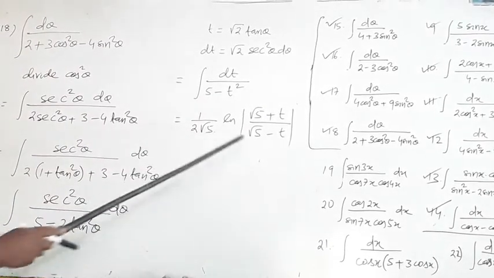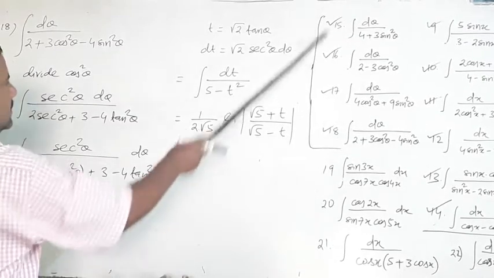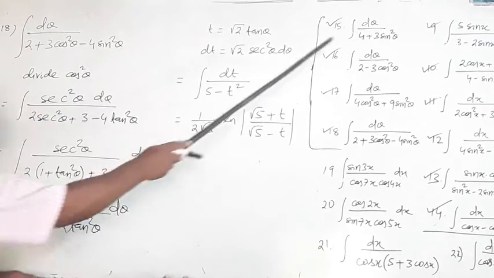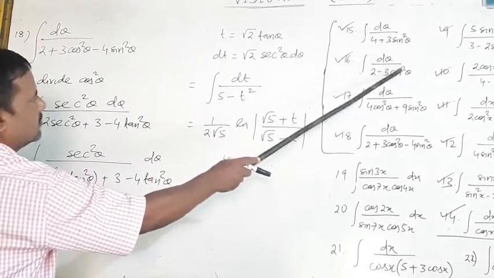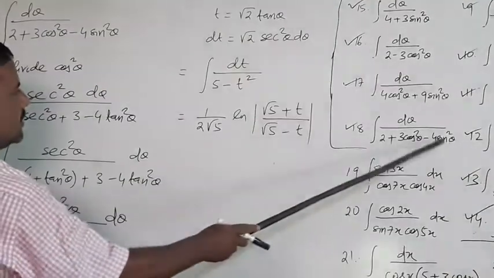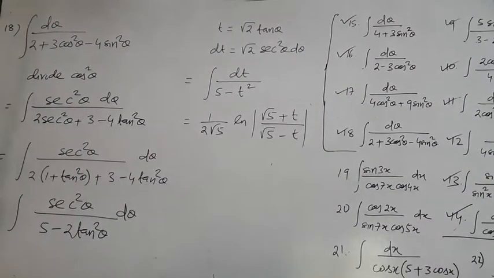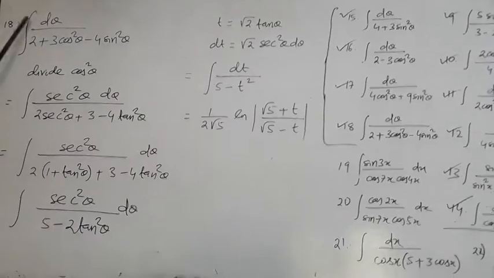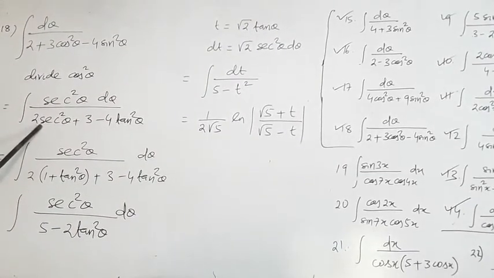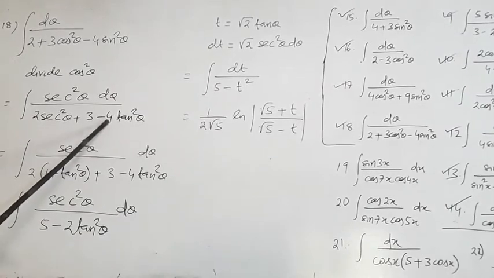Look at number 18. I am doing only one method. You have to divide by cos square theta. Look here, sin square theta and constant, cos square theta and constant, or sin square cos square constant. The only method is to divide by cos square theta. Then it becomes sec square theta d theta over 2 sec square plus 3 minus 4 tan square.